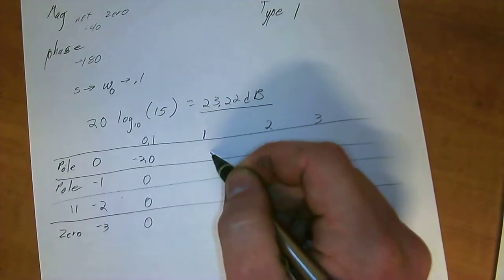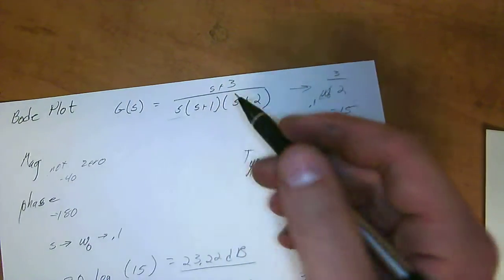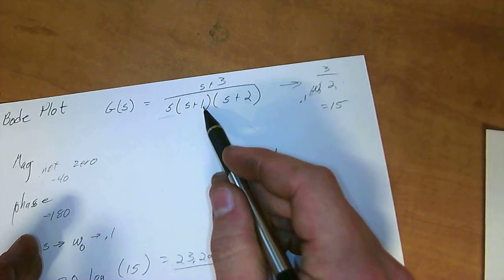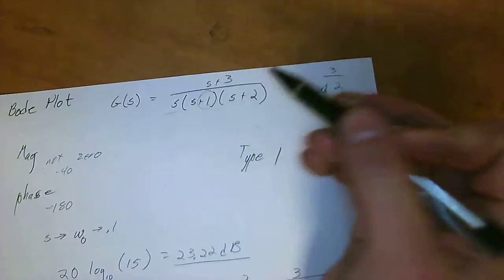Okay, so then when you get to 1, this second pole is at negative 1, technically, but when you're drawing Bode plots, you consider the poles as the positive values. You don't really go, oh, it's a negative 1 pole. You take this value right there when you're drawing it up.